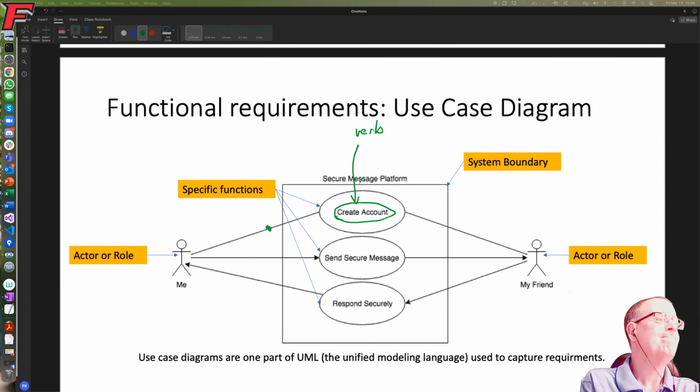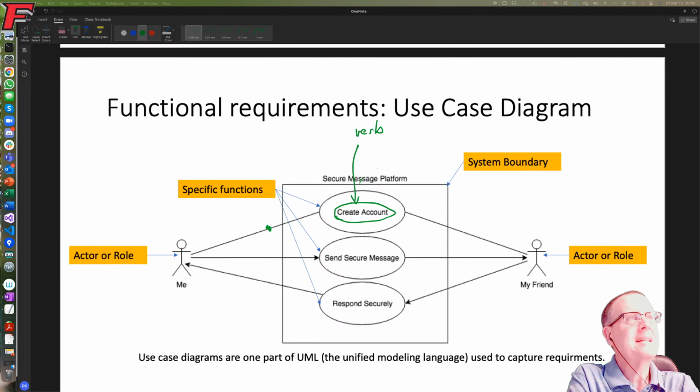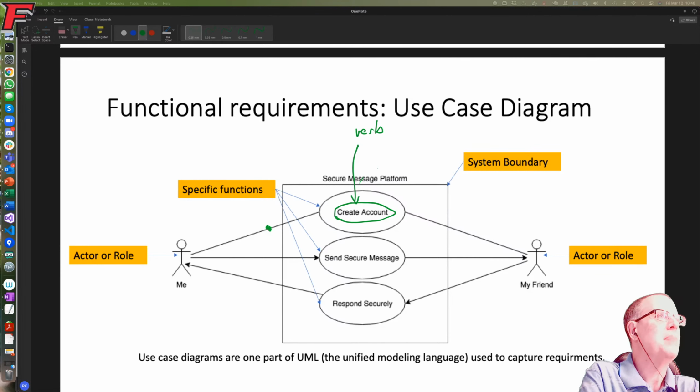And then, what are the functions? Normally you don't want that many functions. The absolute maximum number of ellipses on the diagram should be about 9. More normally it's about 4 or 5. Just capture the key functions that the home security system needs to do.